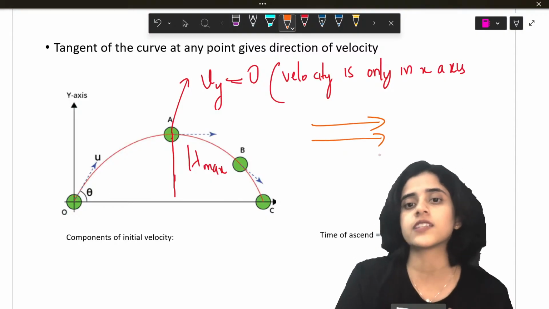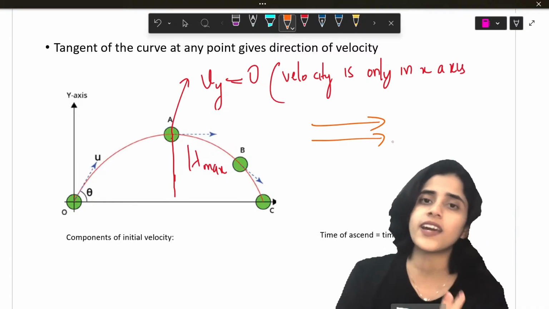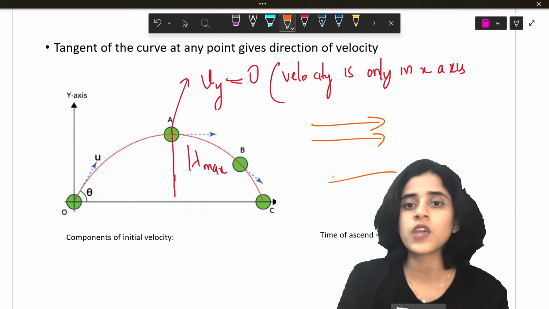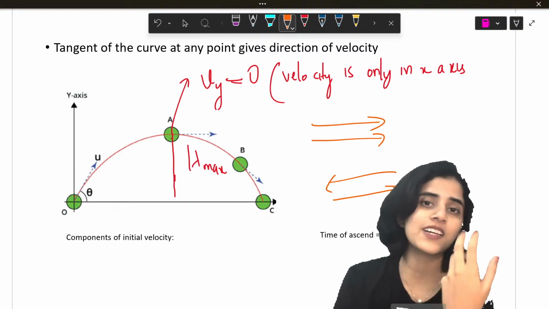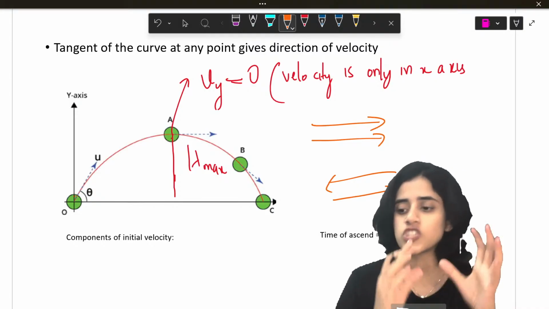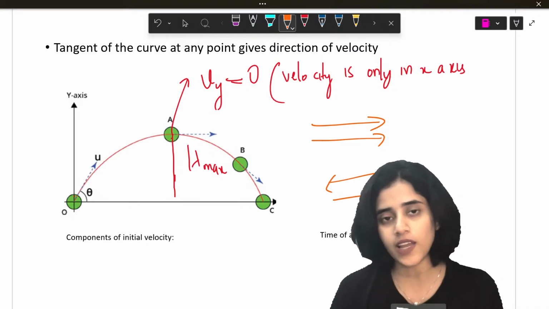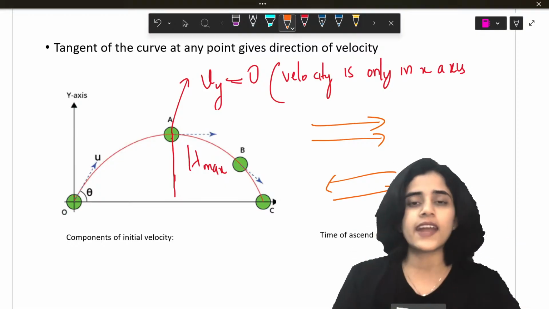But if you have two vectors that are parallel, you know that the angle is 0, so you can directly add them. If you have two opposite vectors, you know that the angle is 180, so you can just subtract them. But in general, you have to use the formula. If there is no angle, you can just add or subtract.